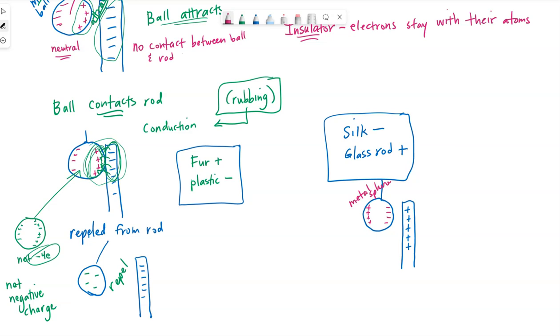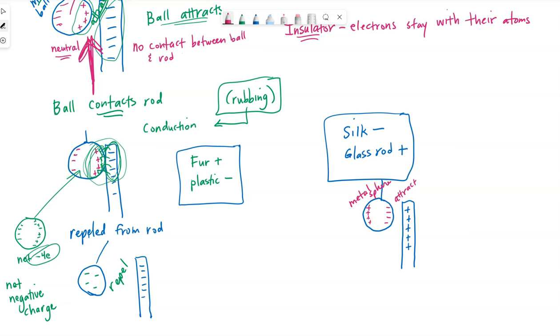It is still neutral, but the charges now are polarized because the charges are separating to both sides of the sphere. And this metal sphere would attract to this rod, just like it was attracted to the negative rod. So it doesn't matter whether the rod is positively or negatively charged.